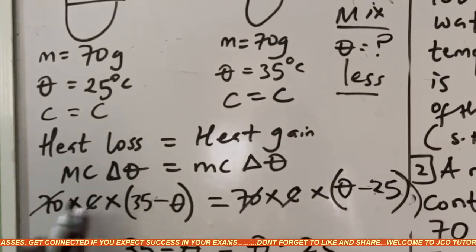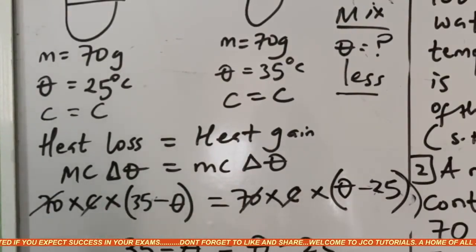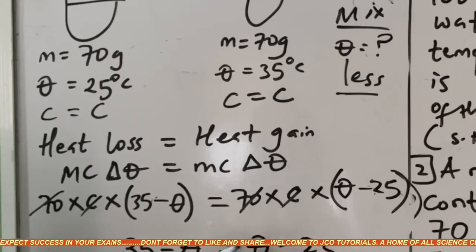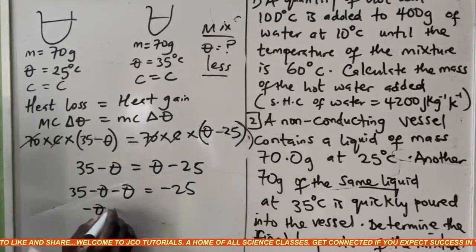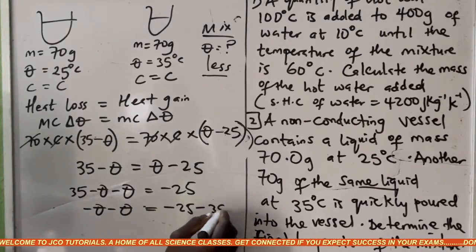If you are still confused how this can divide themselves, I'll show you shortly after this teaching. Now, collect like terms. Theta is going to come here, and 35 goes there: minus theta equals minus 25 minus 35.